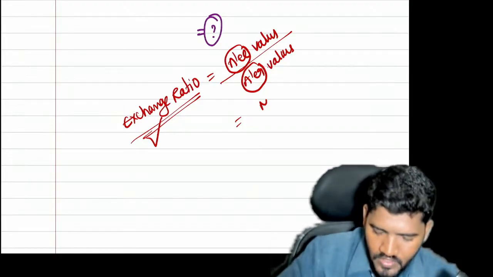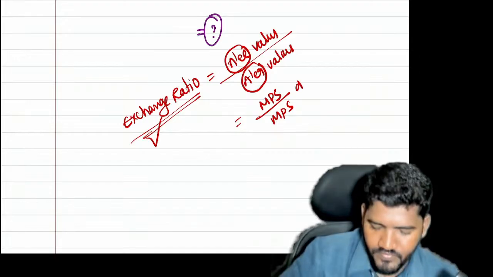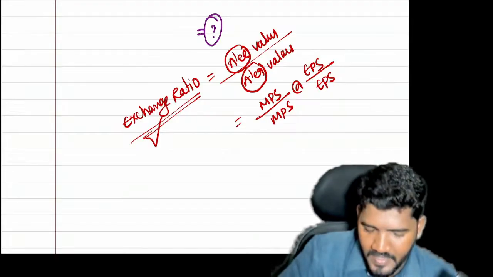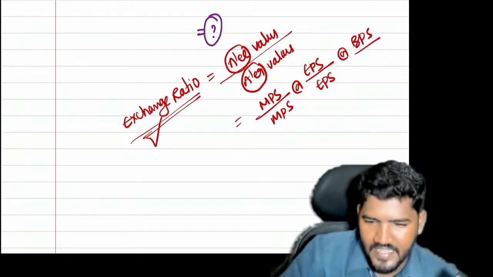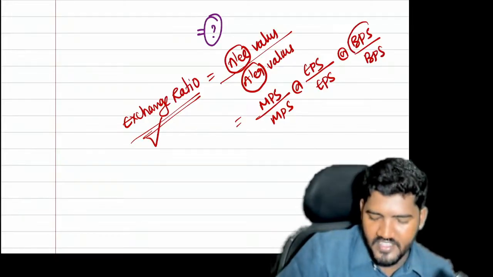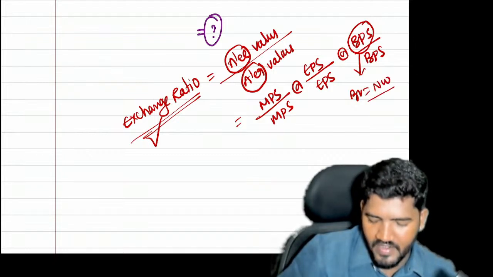What are the values? Either MPS of the selling company divided by MPS of the purchasing company, or EPS of the seller company divided by EPS of the purchaser company, or book value per share of the seller company divided by book value per share of the purchaser company. Sir, how do I get this book value per share? Book value is nothing but net worth divided by number of shares.